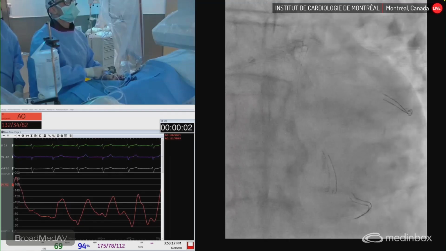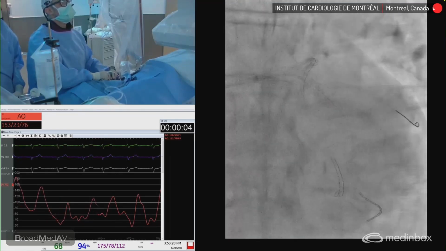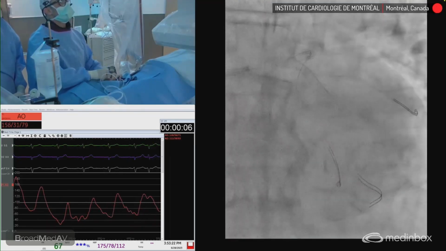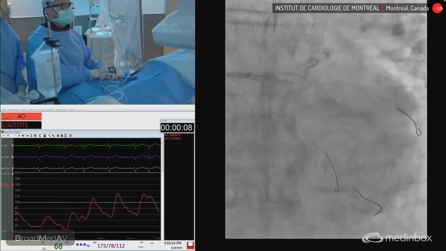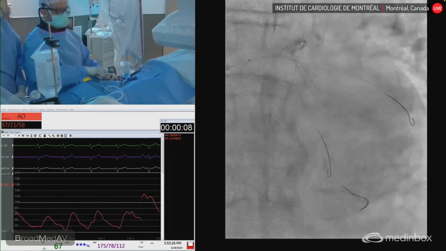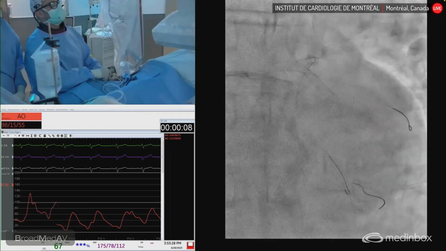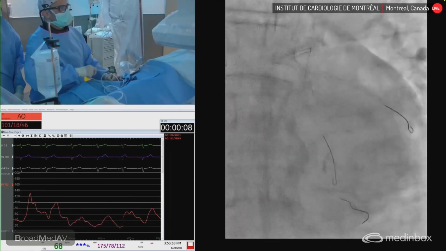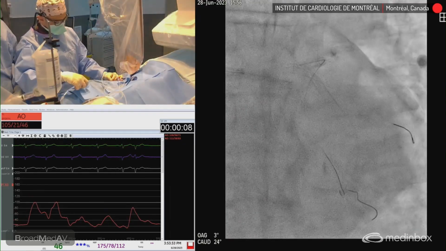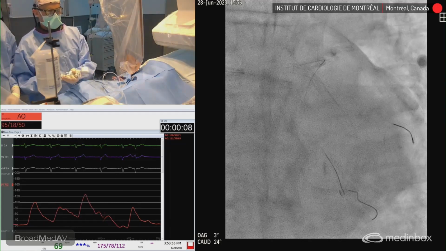Okay, parfait. So Robert, I'm giving you the 5 millimeter by 8 millimeter, 5 by 8 balloon. The balloon doesn't want to move. It's like stuck. Oh, it's a big, long balloon. Maybe that's why.